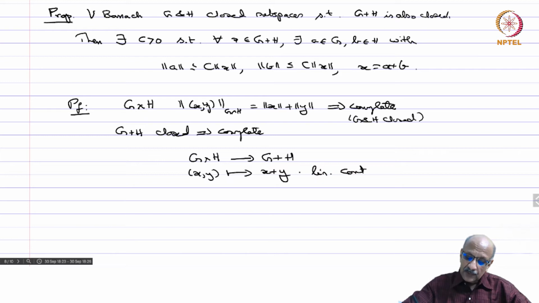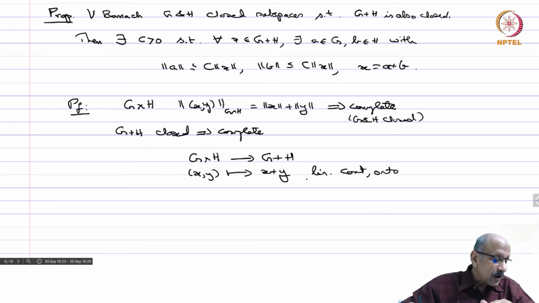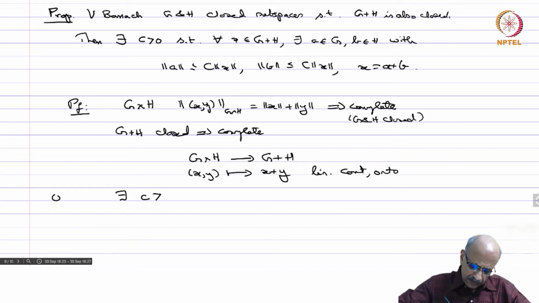Norm of x plus y is less than or equal to norm x plus norm y, which is the norm of (x,y), and therefore this is linear, continuous, and above all it is onto, because every element of G plus H can be written as a sum of one in G, one in H, and therefore this map is linear, continuous, and onto. So then there exists a C by the open mapping theorem. So this is the open mapping theorem.